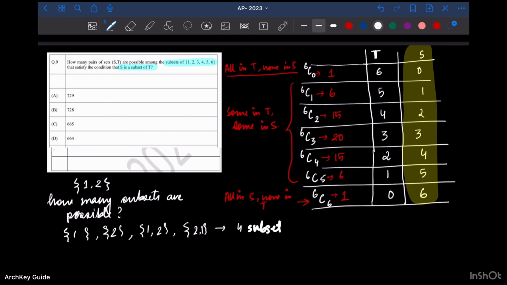This has one formula, 2 to the power n, where n is the number of elements here. So this also gives 4, right? So what is the final question that we have been asked? How many pairs of sets are possible for these elements?